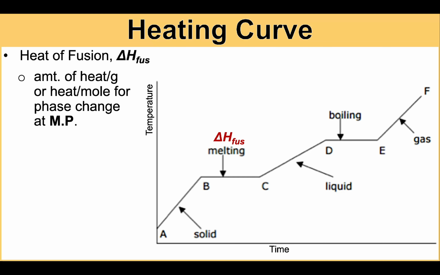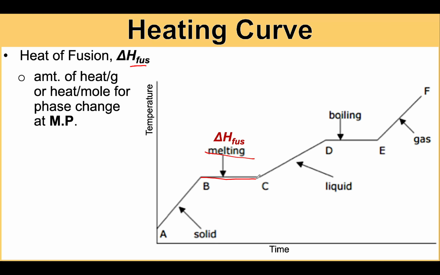So remember, fusion, melting point. So like melting points, heats of fusion are influenced by the strength of attractive forces that exist between particles in the solid. Okay? So meaning, the stronger the attractive forces that hold the particles of the solid together, the larger is the heat of fusion.